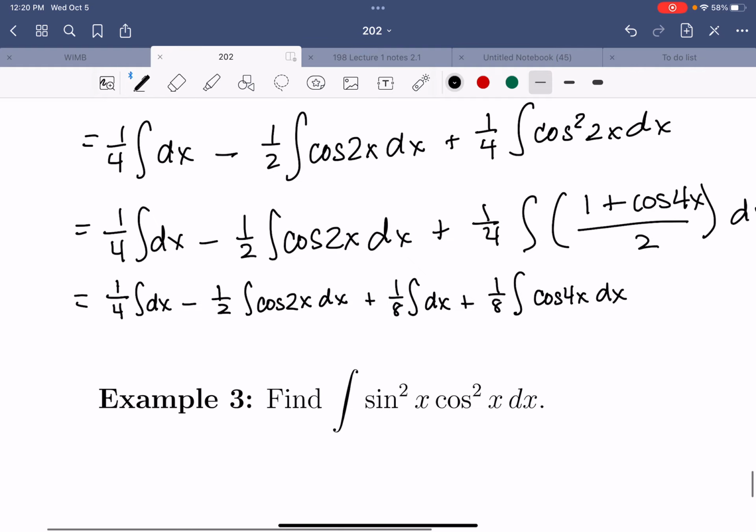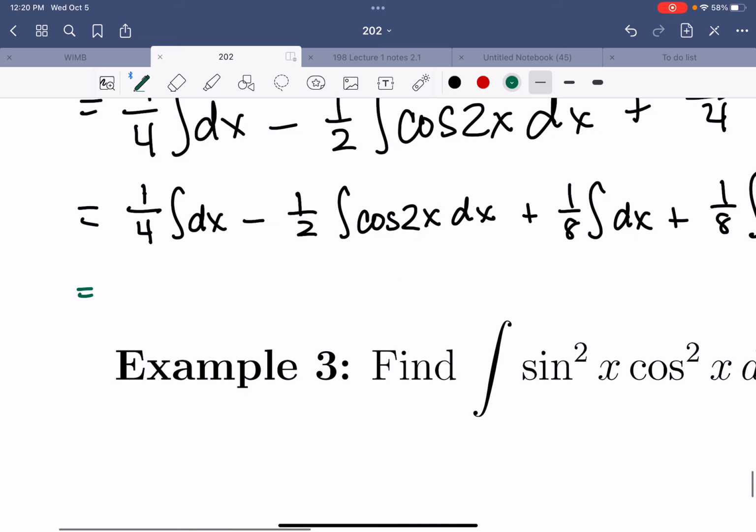And now what I've done is I've made it into all things that I can use baby u subs or just integrate with. And so that means that my answer here is going to be 1/4 x, because the antiderivative of 1 is just x. All right, now when I take the antiderivative of cosine 2x, this is minus 1/2. And for the antiderivative of 2x, that 2x is a baby u sub, it's going to pop out a 1/2.